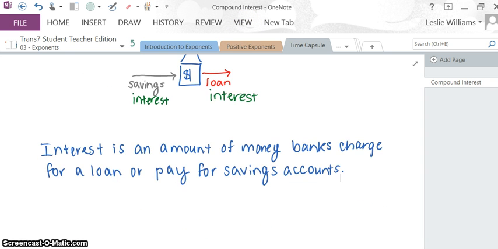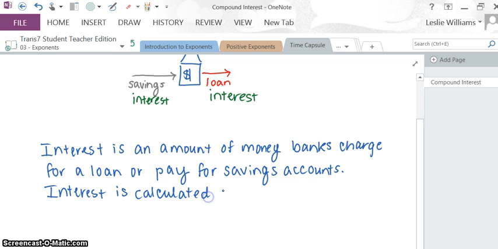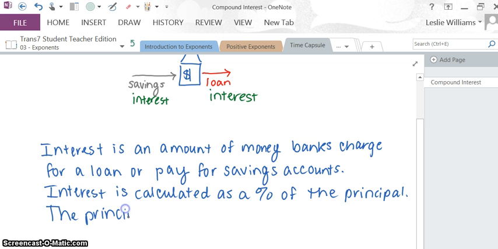Interest is calculated as a percentage of the principal. The principal is the loan or amount in savings.